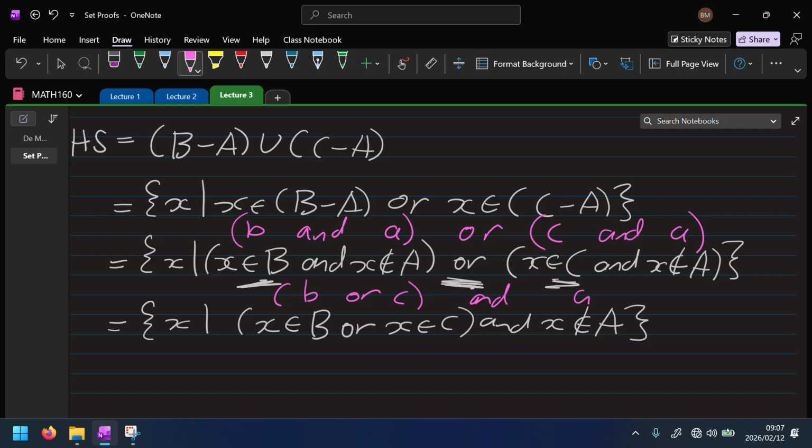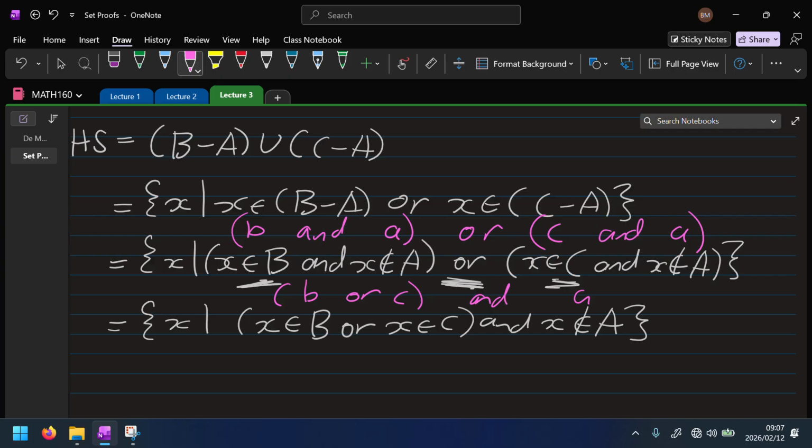Yeah, it's asking the camera, but this x not element of A is x is an element of A complement, right? Yes, we're going to do that now. So you can write this as A complement if you want. But now we're going to just simplify a little bit more. So x element of B or x element of C, what does this mean?